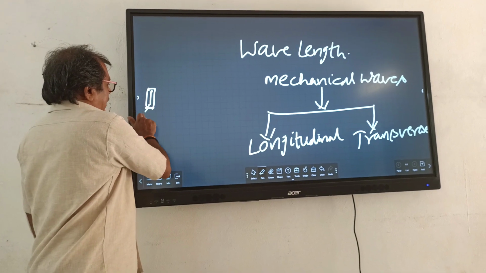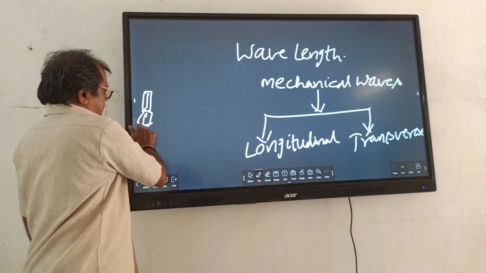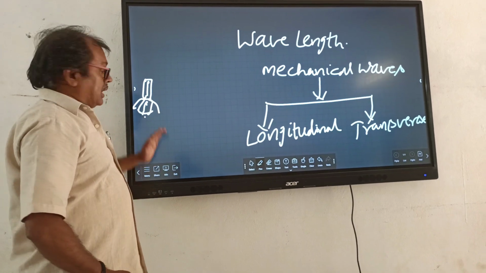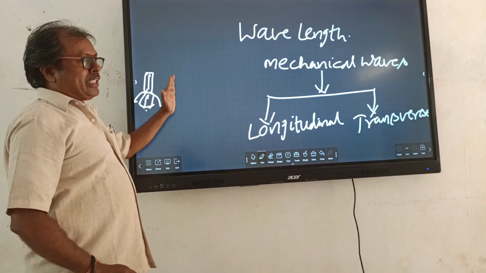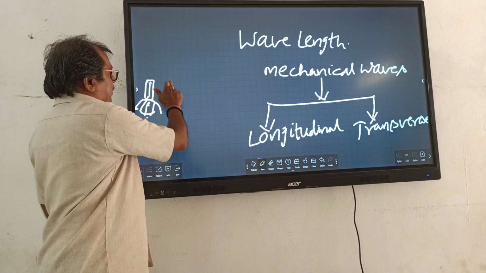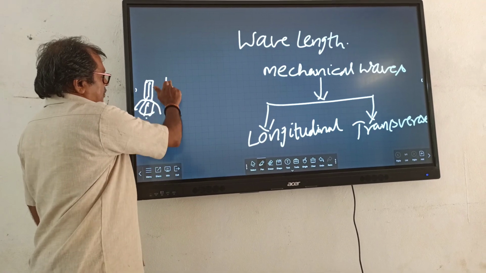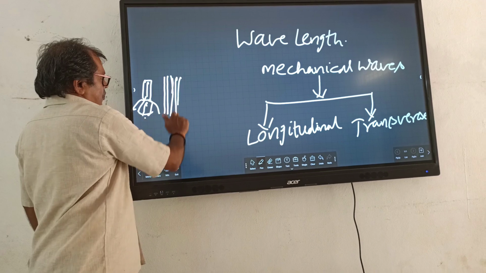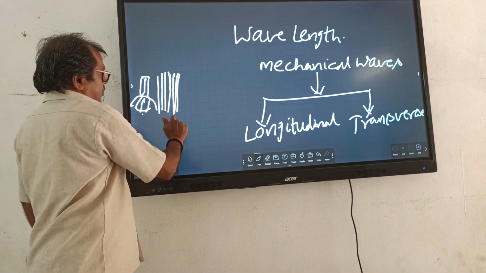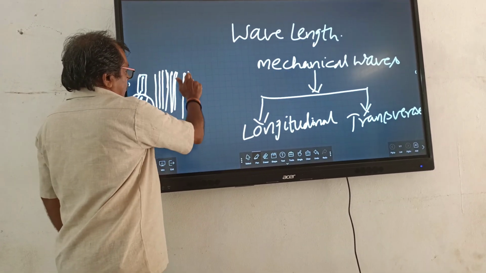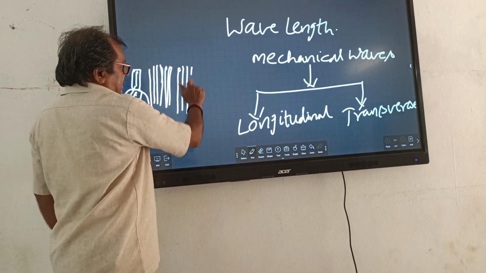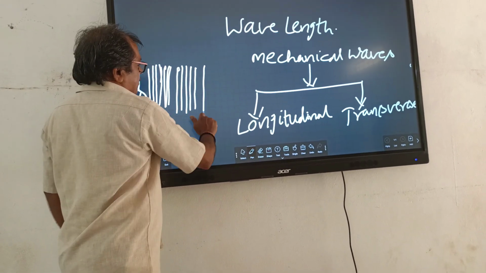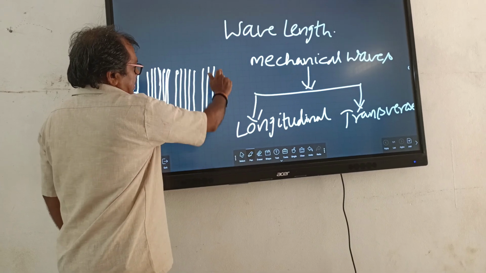If you happen to ring this bell, it begins to vibrate. The vibrations are produced in the medium from one point to another point in the form of a disturbance like this. You know that the wave is nothing but a disturbance. This disturbance transports energy.